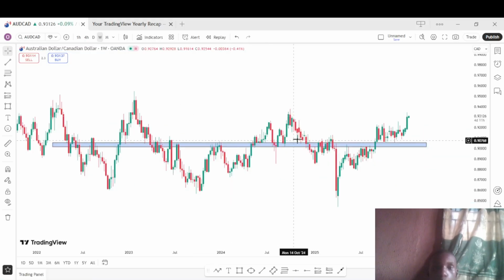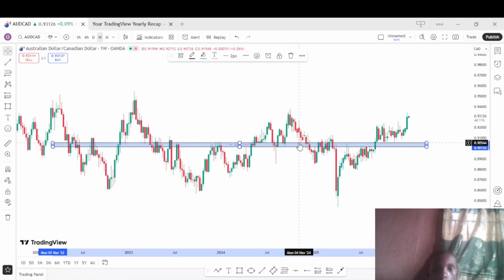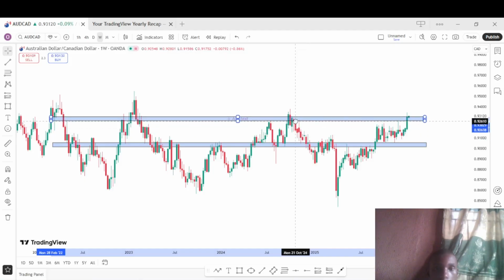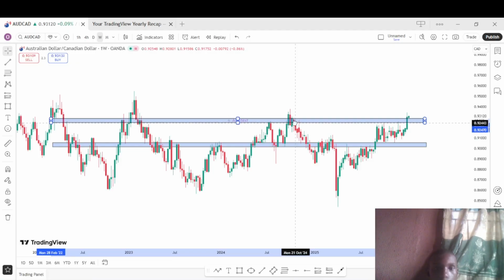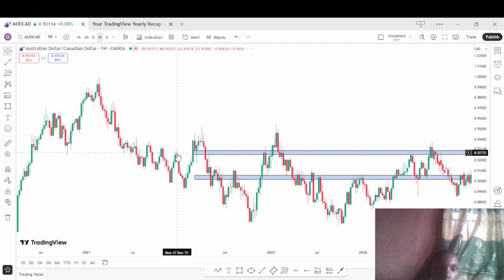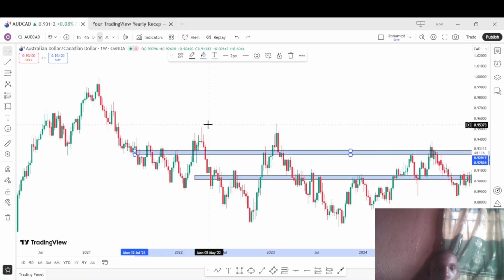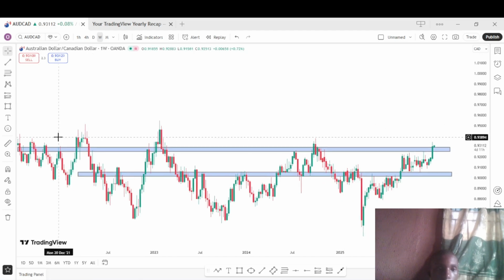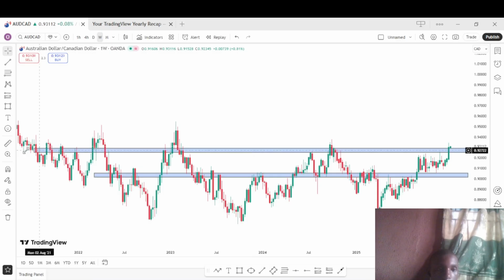So what do we do next? We look for another level similar to that. Look at it, even if you drag it down, the market reacted here, kind of reacted here, and drag it.